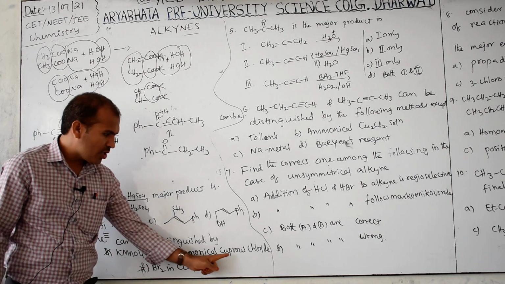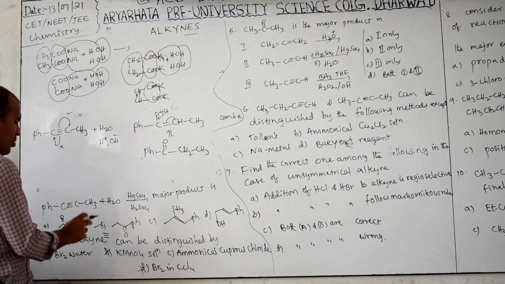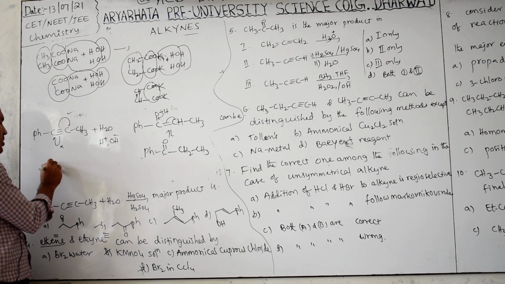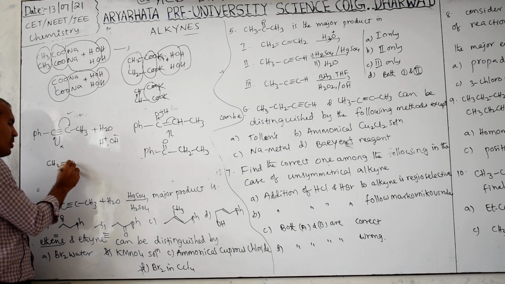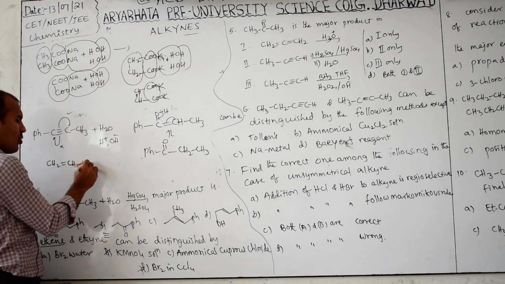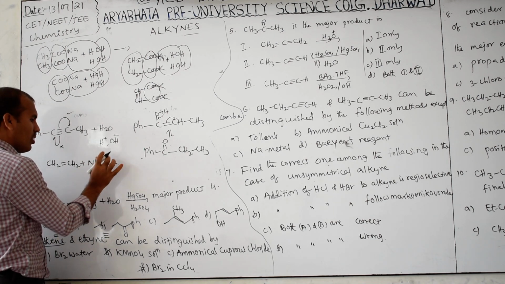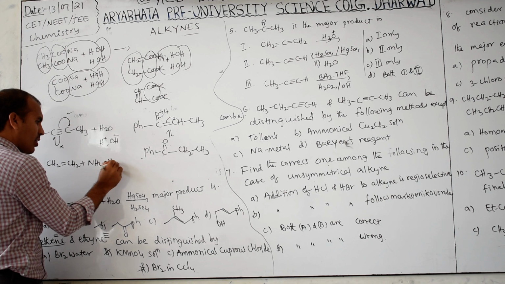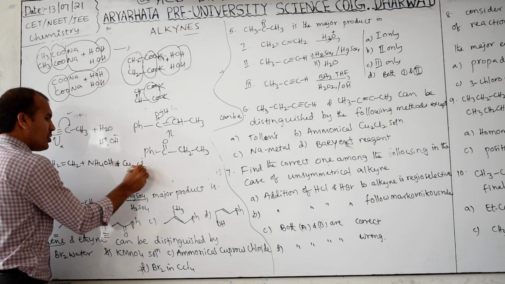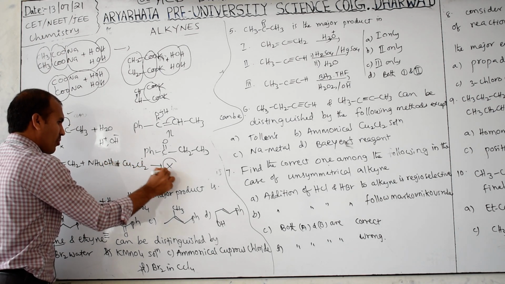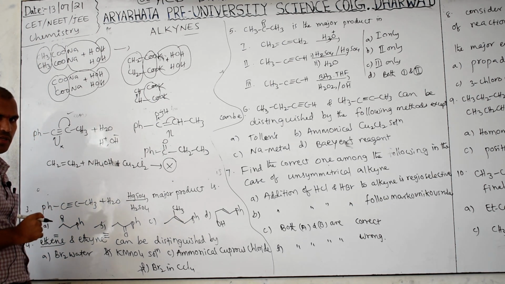Now ammoniacal cuprous chloride is there. Then I want to take one alkene, CH2 double bond CH2. Ammoniacal means ammonium hydroxide plus Cu2Cl2. This reaction you will not study anywhere in the alkene chapter.